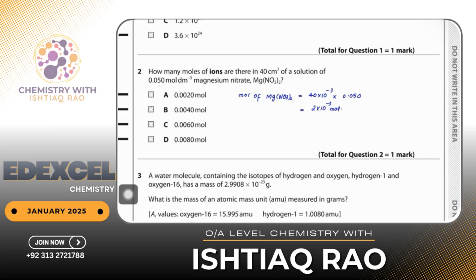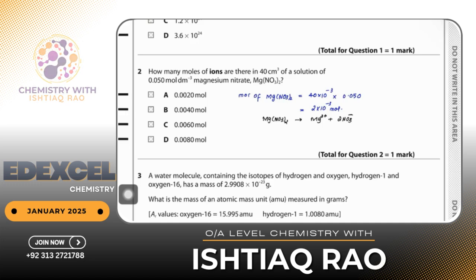Okay. Then 1 mole of magnesium nitrate can give 1 mole of magnesium ion and 2 moles of nitrate ions. So how many total ions do I have? 3 ions.